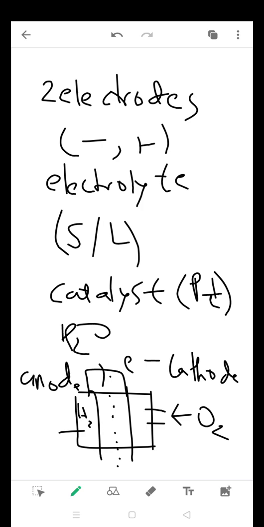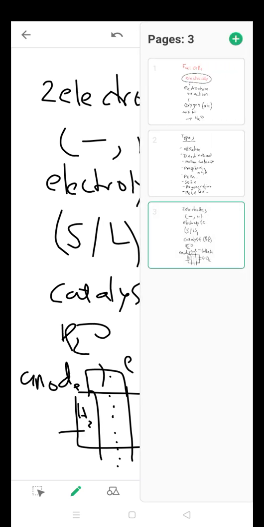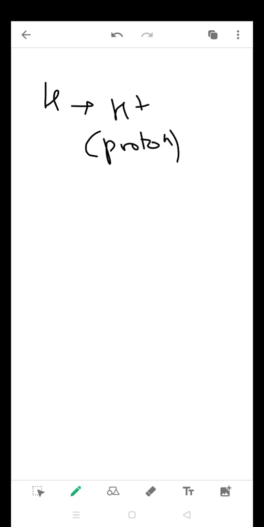Coming to a more detailed view, the hydrogen gets oxidized to H plus, which is also called a proton, and it occurs at the anode.